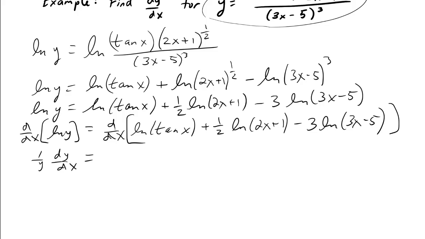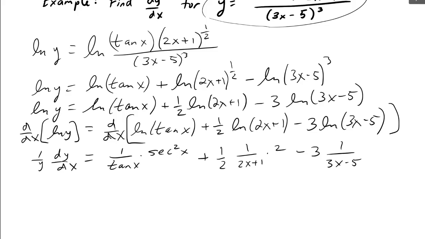Here I have the derivative of ln tan, so the derivative of ln of something is 1 over something times the derivative of that something. So 1 over tan x times the derivative, which is secant squared, plus, okay, constant multiple 1/2, derivative of ln 2x plus 1, 1 over 2x plus 1 times the chain rule factor of 2, minus 3 ln of 3x minus 5, 1 over 3x minus 5 times the derivative of 3x minus 5, which is 3.